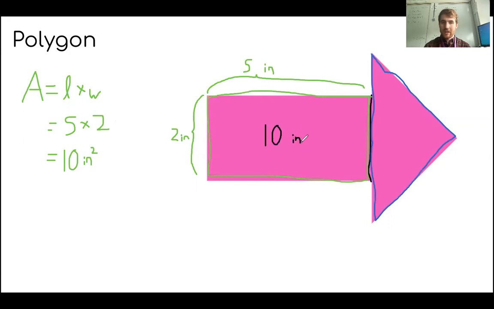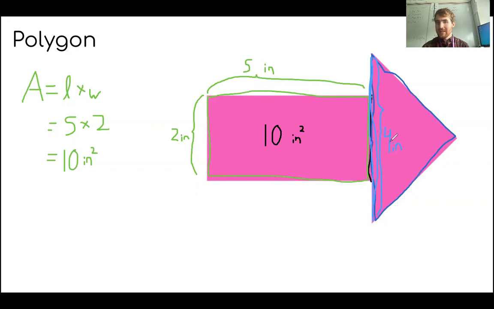But this is just the rectangle that we highlighted in green. We still need to find the area of the triangle. So we're going to need to measure parts of this. You can use whatever you want as the base. In this case, I'm going to use this as the base of the triangle, this long line segment right here. And let's say I measure that and I get that it is 4 inches.